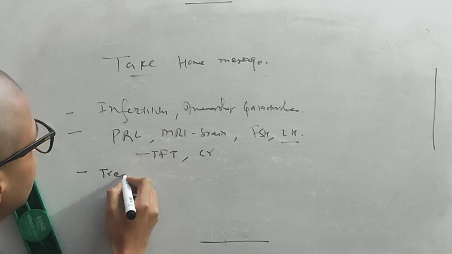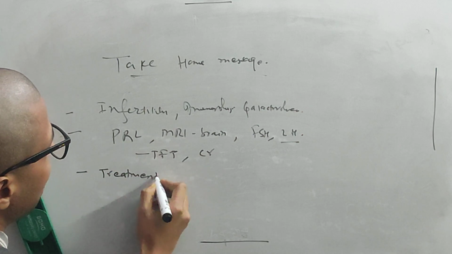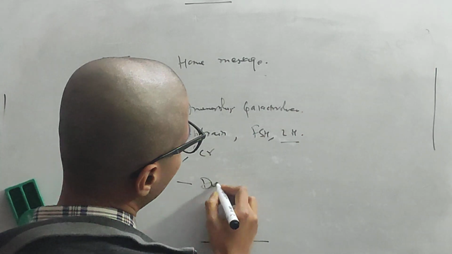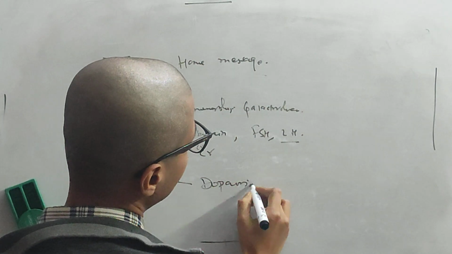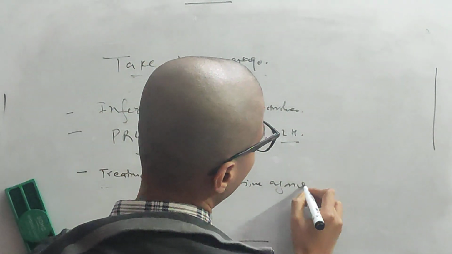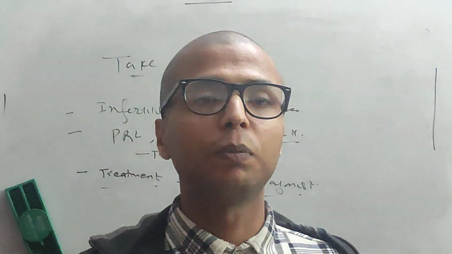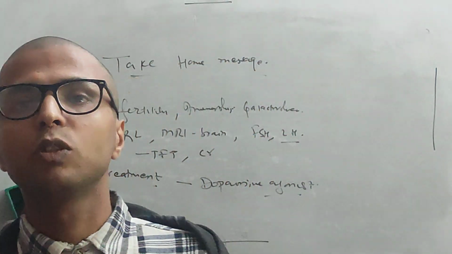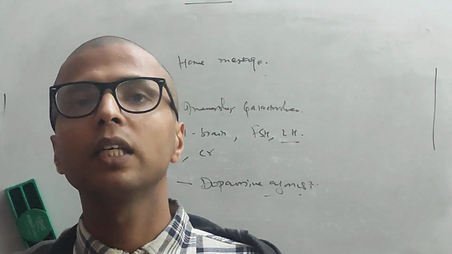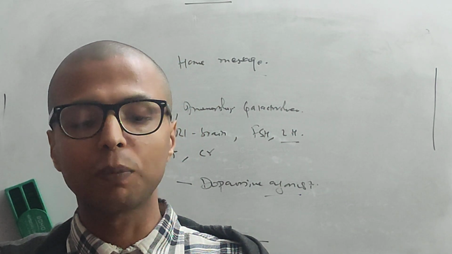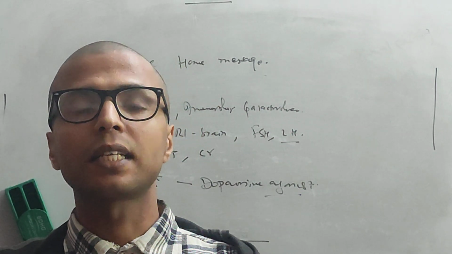And treatment is, even for microadenoma or macroadenoma, we initially go for dopamine agonist, okay. And we prefer cabergoline over bromocriptine, because cabergoline you can give 0.5 to 1 mg twice weekly, but bromocriptine you have to give thrice a day, okay.